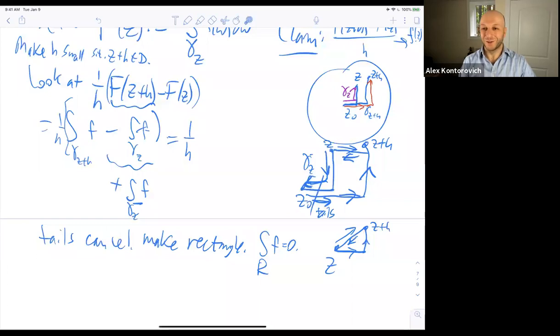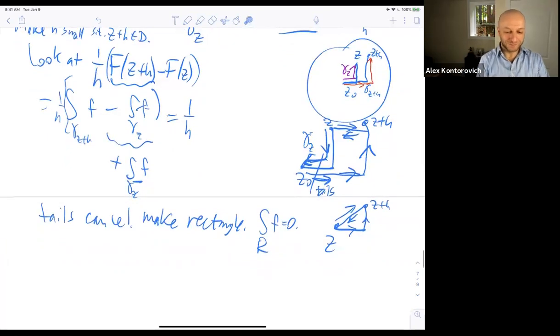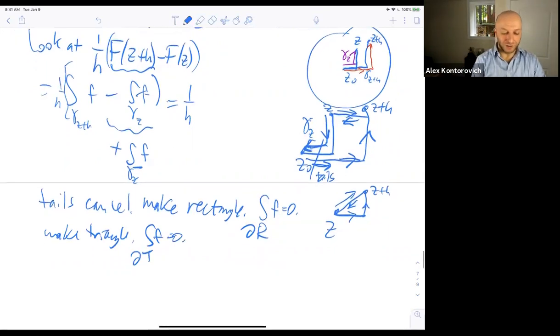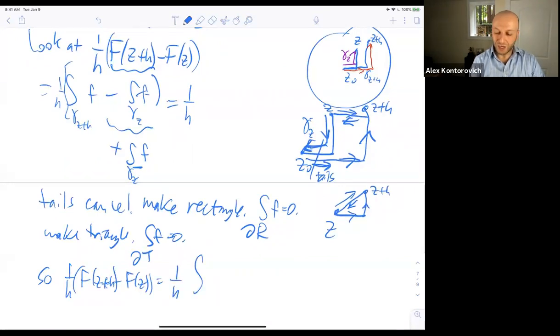What's the integral over a triangle? 0. So what we've shown, make a triangle, and the integral over a triangle, the boundary of the rectangle, the boundary of the triangle, is 0. So 1 over h times f of z plus h minus f of z is equal to 1 over h times an integral over the curve that goes straight, the straight line from z to z plus h.